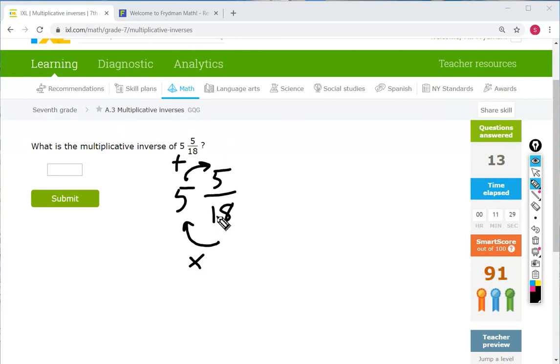So let's see, 18 times 5 is 90, and 90 plus 5 is 95. So we're going to get 95 over 18, and then we'll just find the reciprocal of this, and the reciprocal of that will be our multiplicative inverse of the original mixed number. And that's going to be 18 over 95.